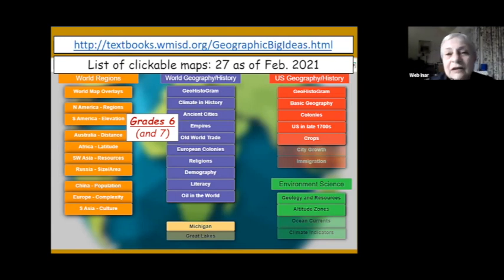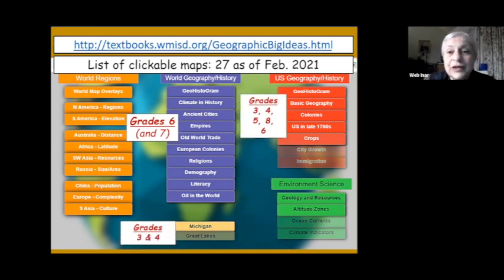Up at the top of this screen, you see the web link, and we'll let you go there later. I'm going to start with the most 6th grade appropriate clickable map, but as you can see, the US maps and the Michigan map would be appropriate for other grades.